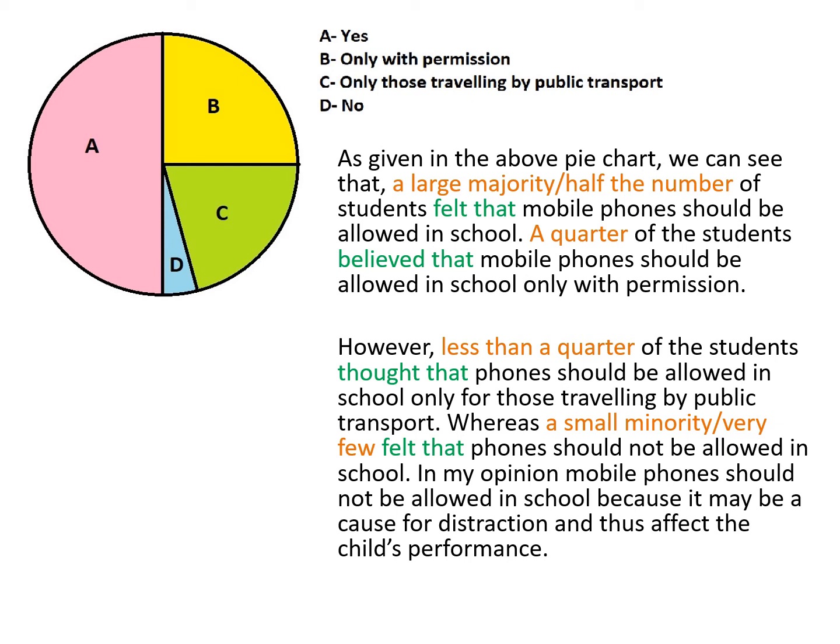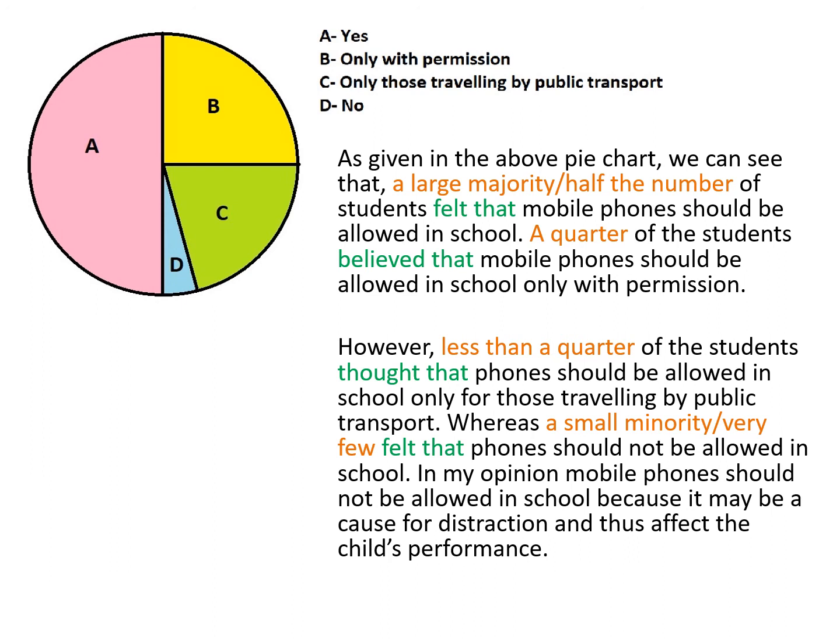A quarter of the students believed that mobile phones should be allowed in school only with permission. So here I have described A and B. And the words felt that, believed that, thought that. You need to use these type of words when you are explaining your pie chart. You can also say suggested that, or you can say were of the opinion that.